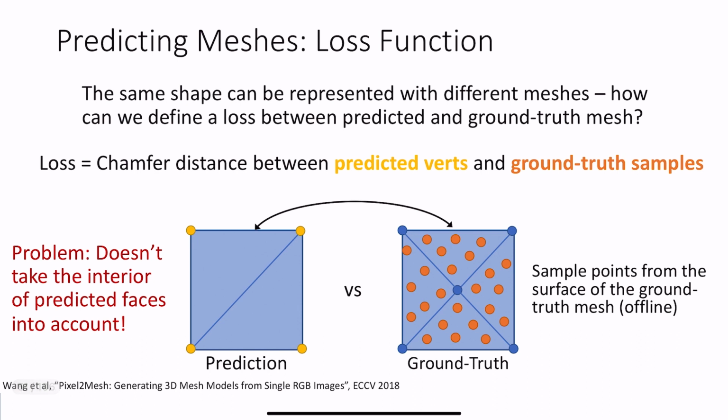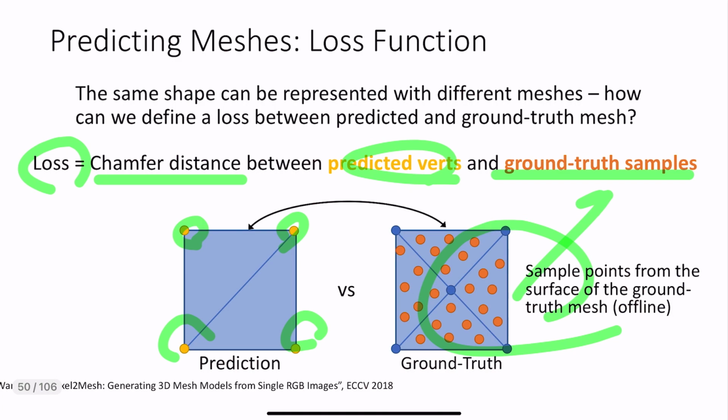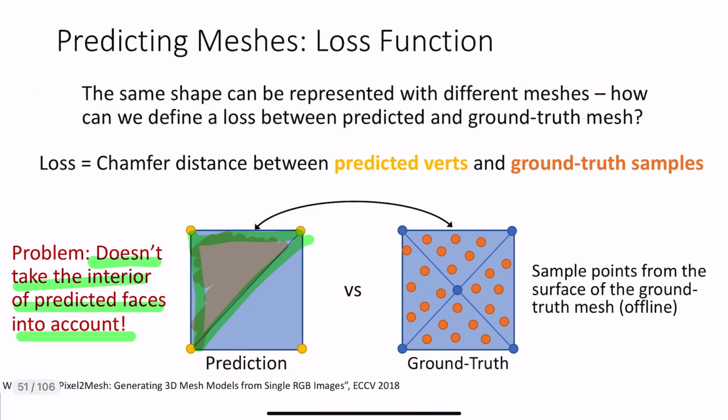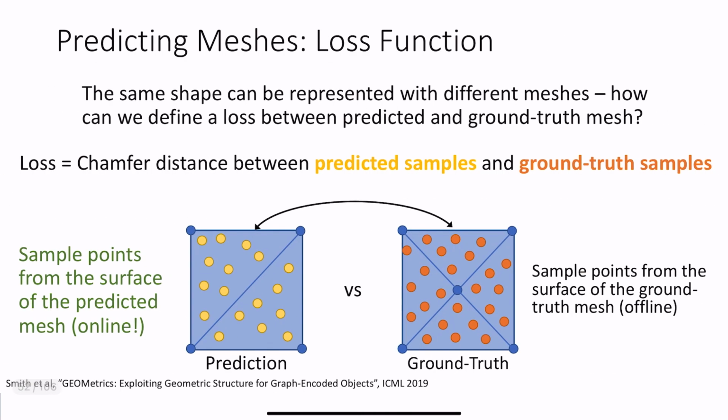The problem is, it doesn't take the interior of the predicted faces into account. I mean, the beauty of the mesh model is that it has some face representation or shell representation, but this idea does not use any such surface information.